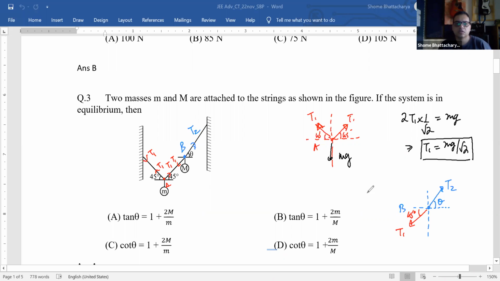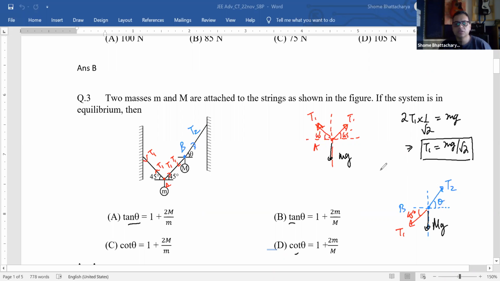And of course the weight of this capital Mg is acting like this. So now it is about balancing the forces. Now see, since it is asking about theta, it is better that we resolve rather than use Lami's theorem.